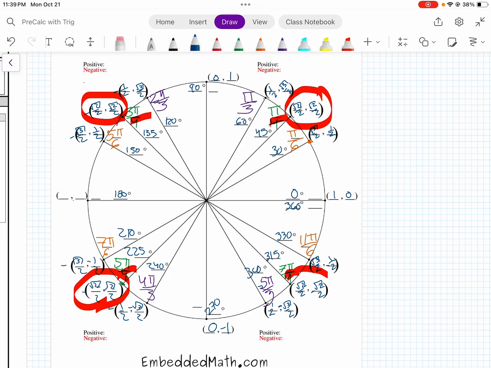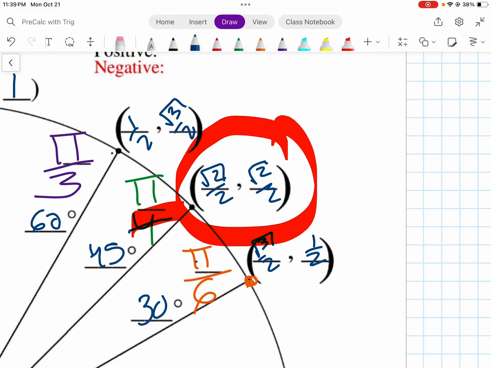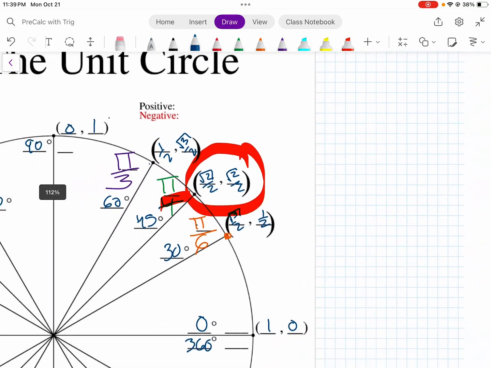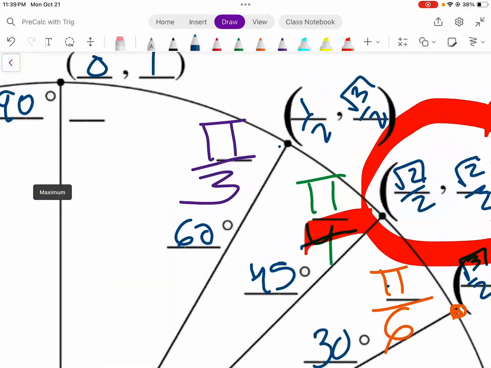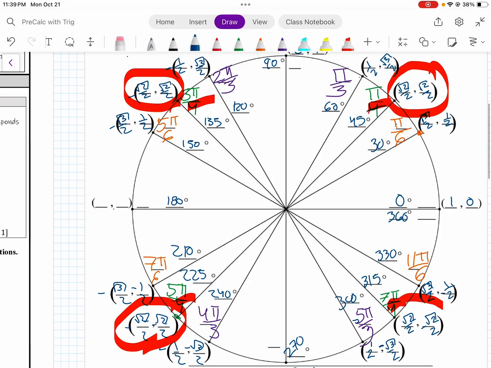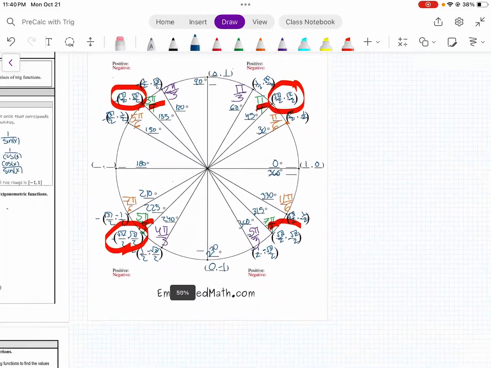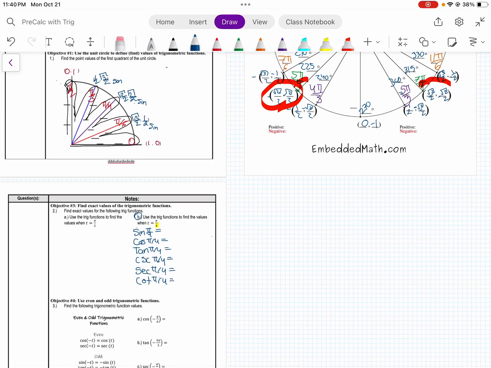So as long as you know if it's something over 4, sine and cosine are always going to be radical 2 over 2 and then radical 2 over 2. If it's over 3, the answer is always going to be 1/2 and radical 3 over 2. Notice right here, this is over 3, 1/2 radical 3 over 2. So again, that's why knowing the first quadrant is very important.